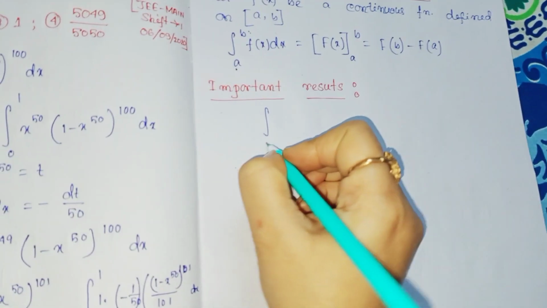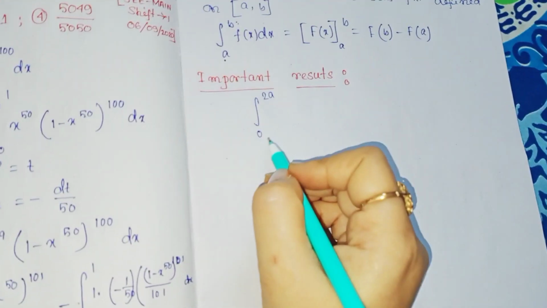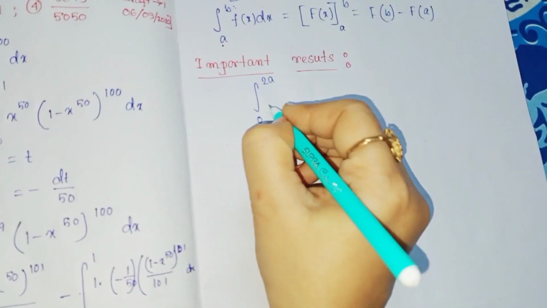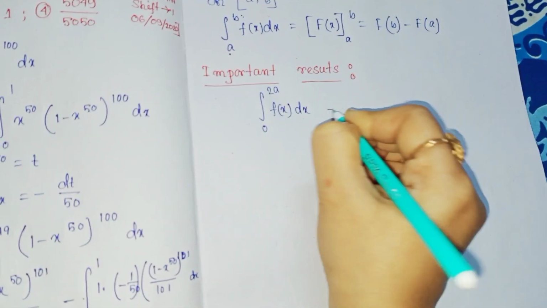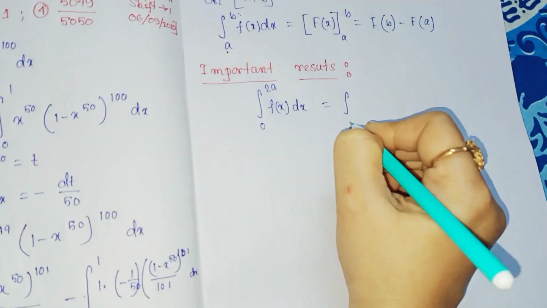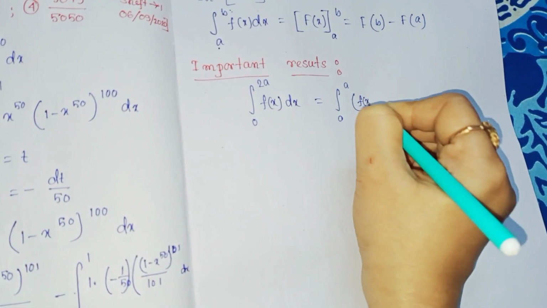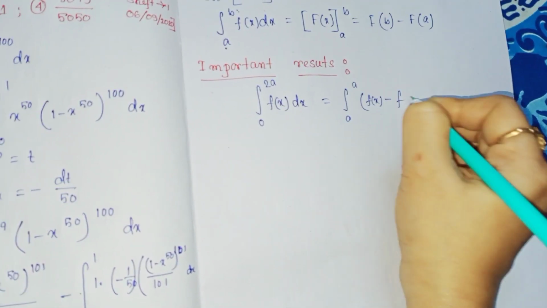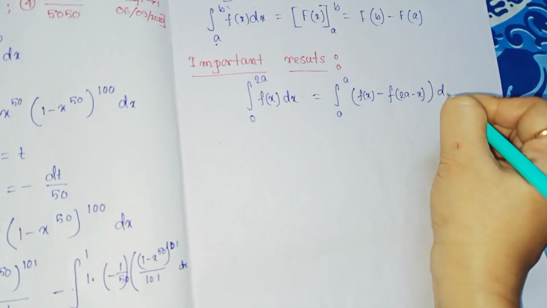This is the common formula for definite integration: the integral from 0 to 2a of f(x) dx. We should write this as the integral between the limits 0 to a of f(x) plus f(2a minus x) dx.